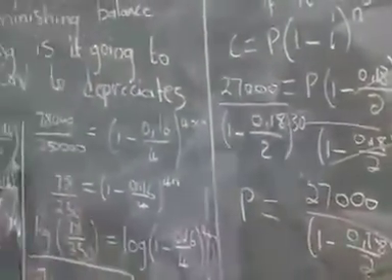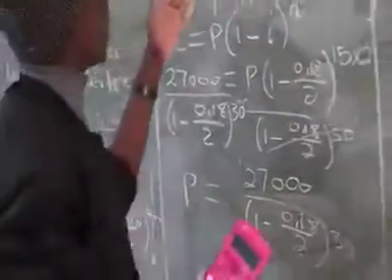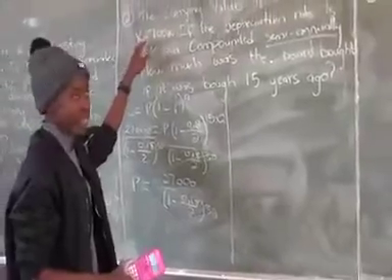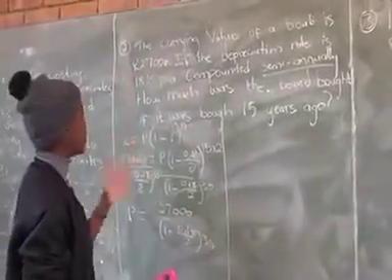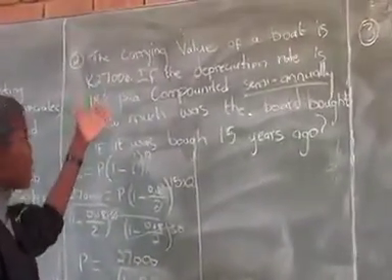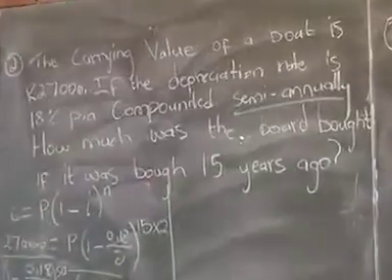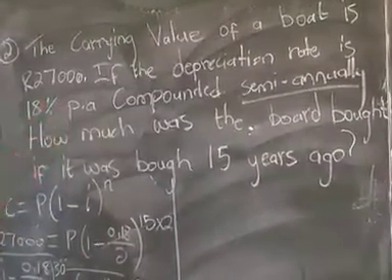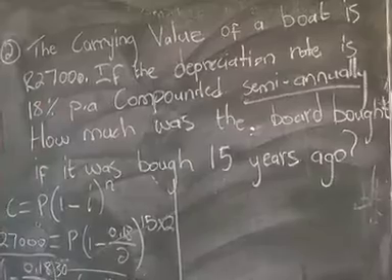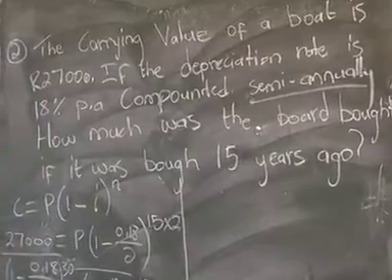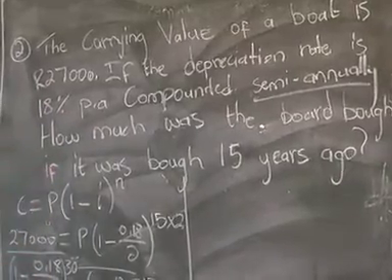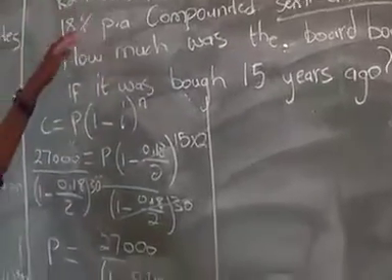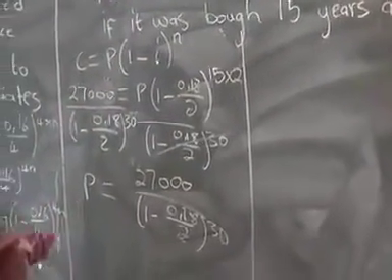So you must use your intuition. If you know the carrying value is 27,000, remember, carrying value is the value of the asset after 18 years. It is going to depreciate in value, so the cost must be more than 27,000, since 27,000 is the carrying value after 18 years.